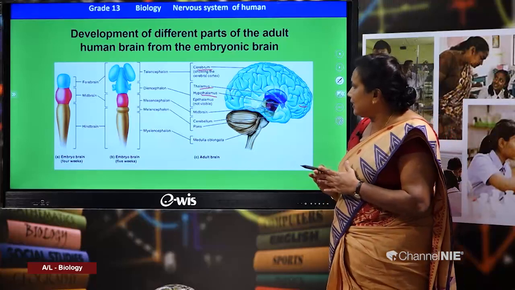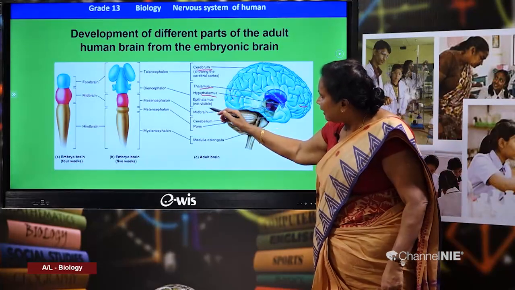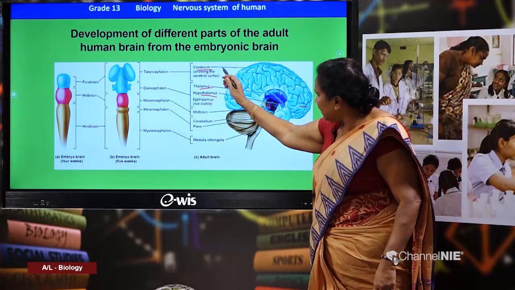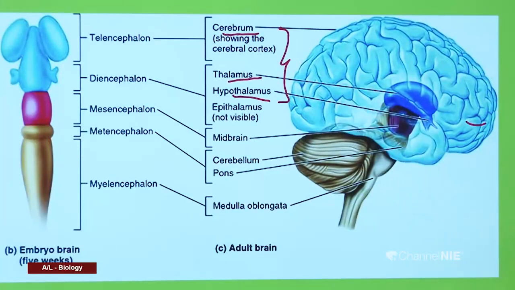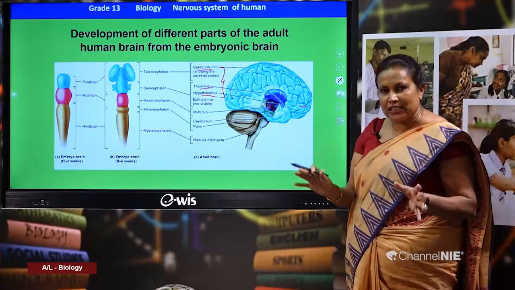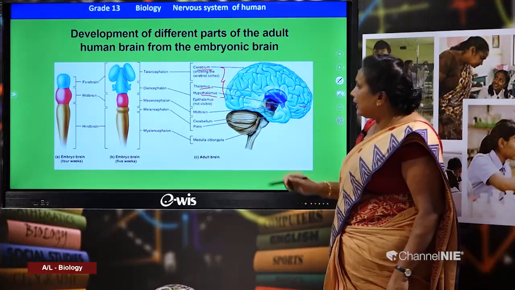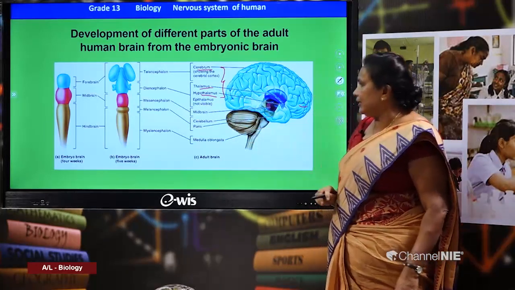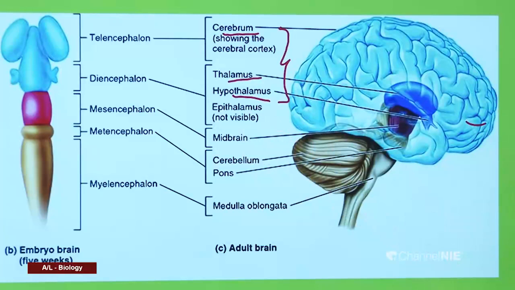Then you can see there is another region. These are three regions that you study in your syllabus. There may be some more structures within this region, but we don't study those parts, right? Next we move to the midbrain region, that is in red color.